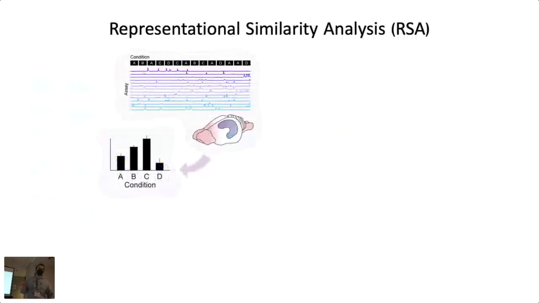The one very promising approach that you've already been hearing about today is to use representational similarity analysis. To explain this a little bit further, the idea here is that we have some assay of neural activity in the brain, maybe calcium traces from individual neurons or spikes from individual neurons. And we present a bunch of conditions to this brain.